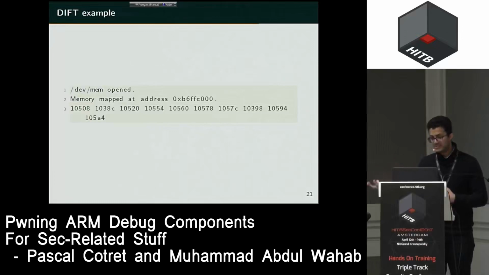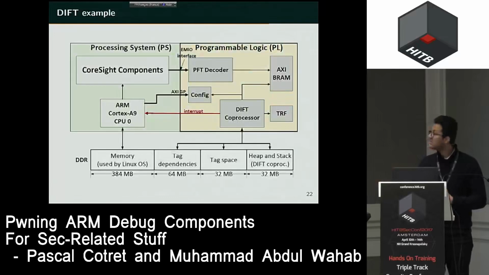If we look at the traces, we get some addresses, and these addresses are stored over here. These are the decoded traces. The coprocessor will be using these traces to find what happens inside each basic block.